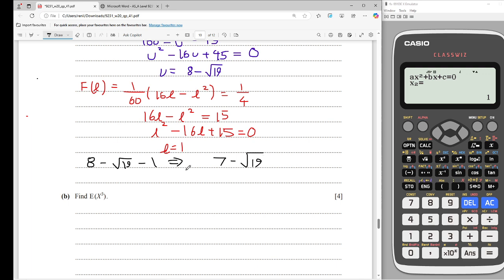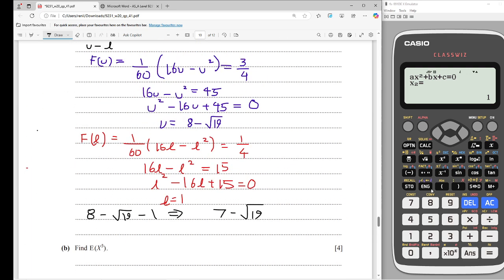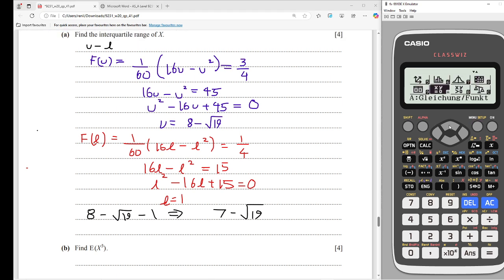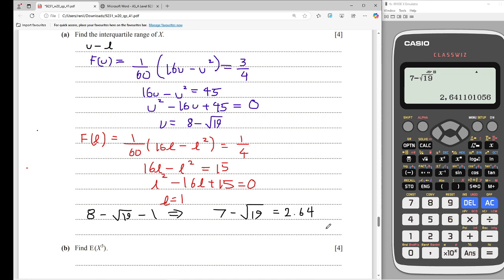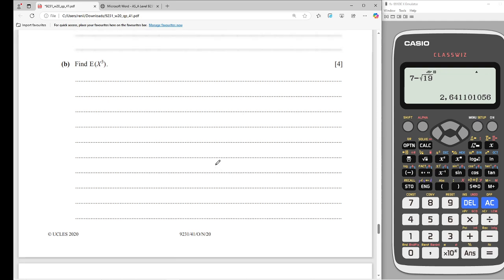But they're not asking us for an exact form, so they expect 3 significant figures. So we can just go to our calculator, put this in 3 significant figures, and we have here 2.64. Fine, that is the interquartile range.